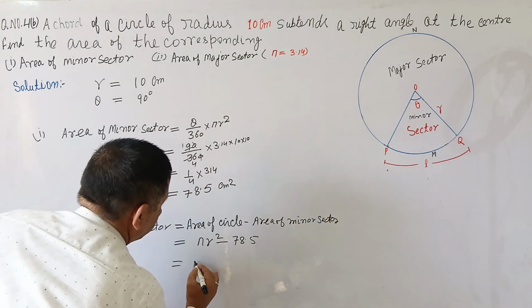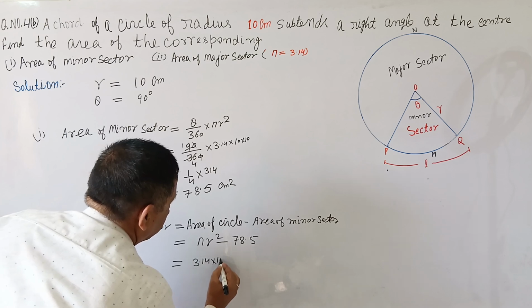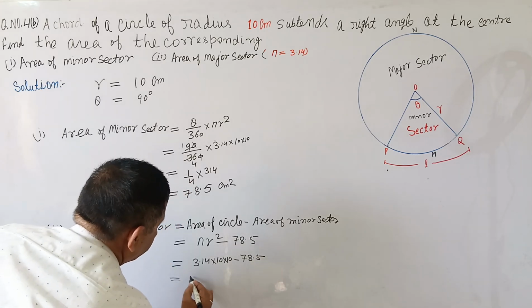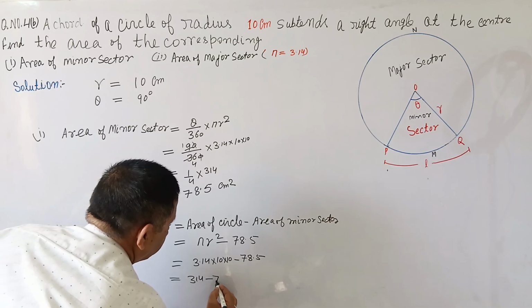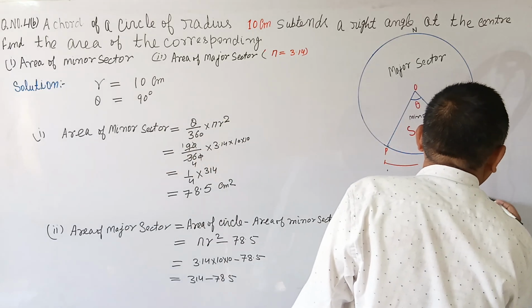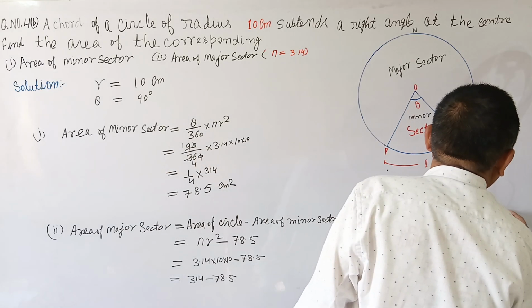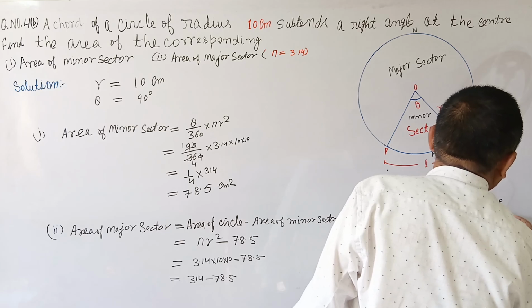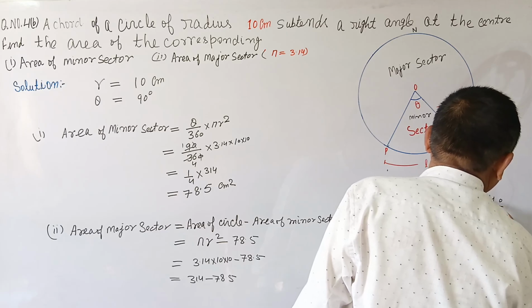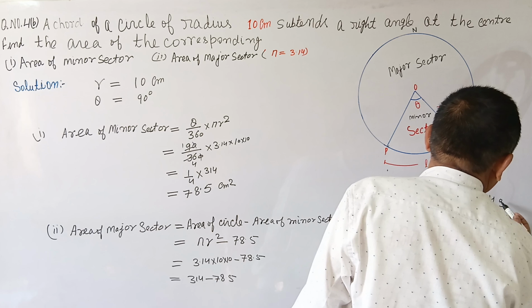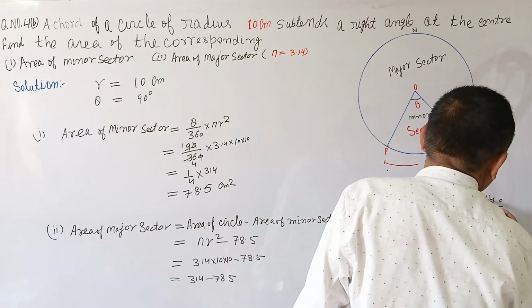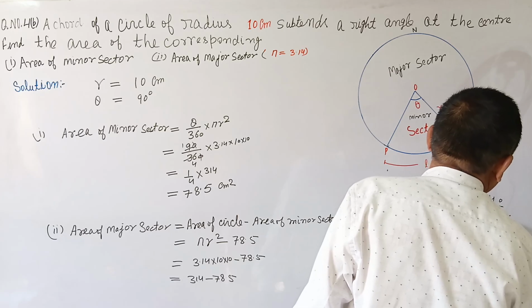So this becomes 3.14 into 10 into 10 minus 78.5, or this will become 314 minus 78.5.